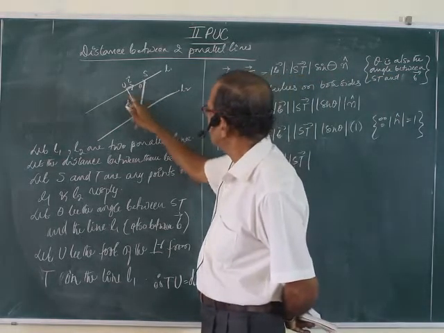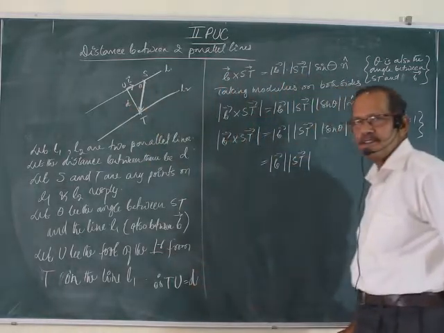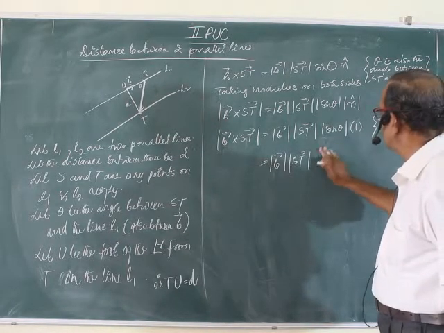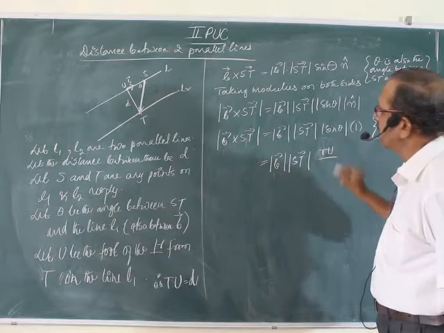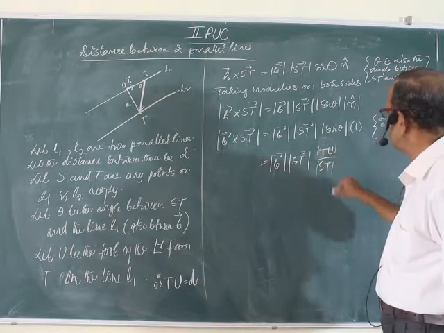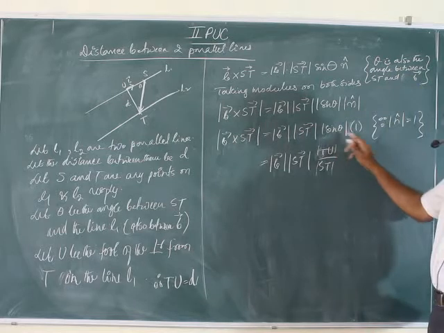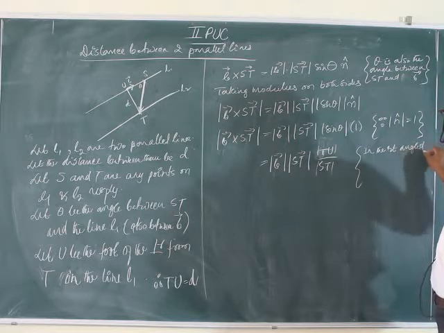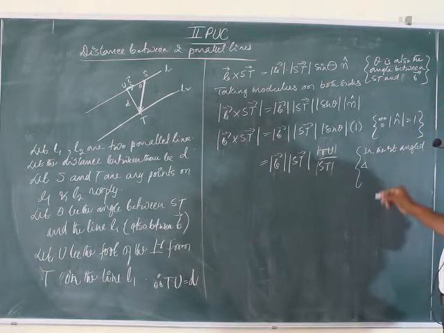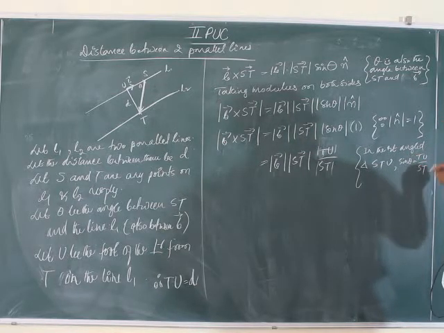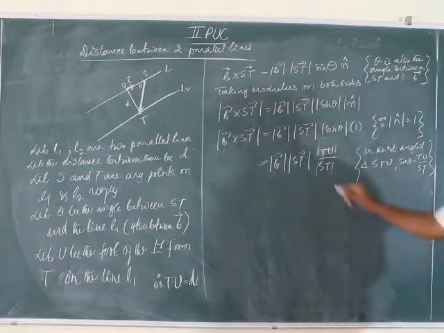Finally, sin theta can be found from the right angled triangle STU: sin theta is the opposite side TU divided by the hypotenuse ST. So this ST cancels.